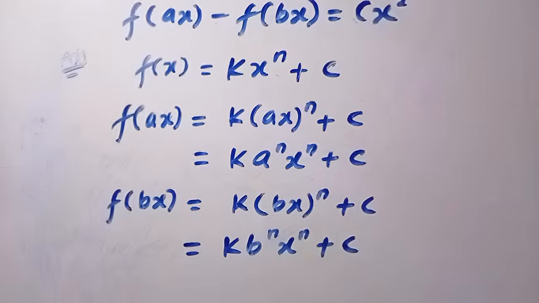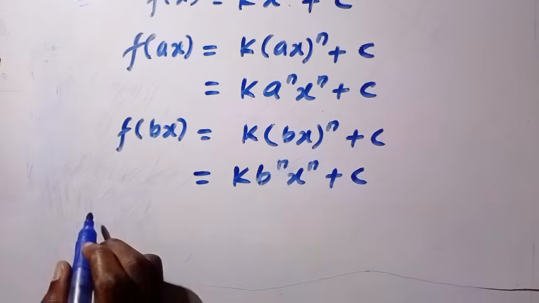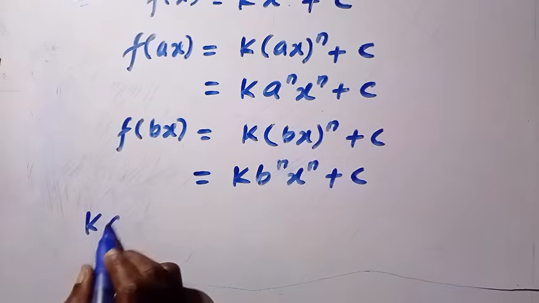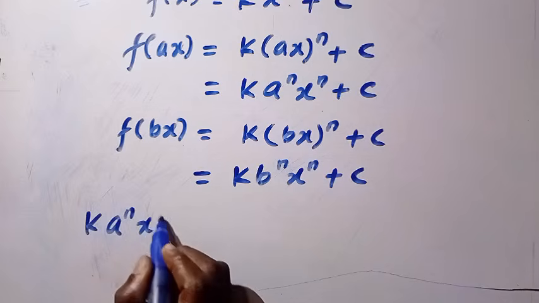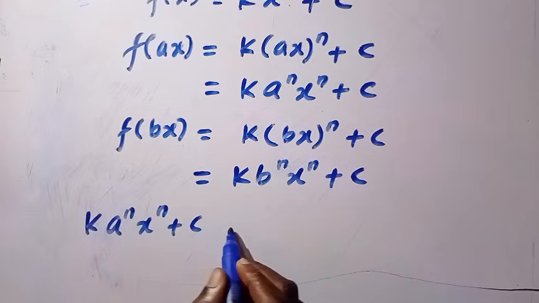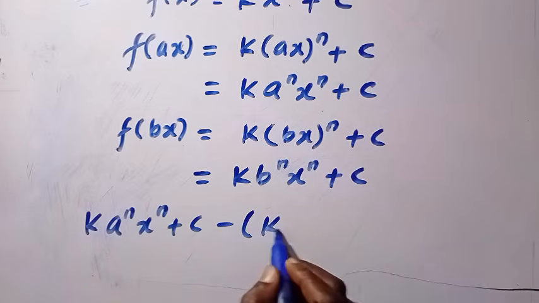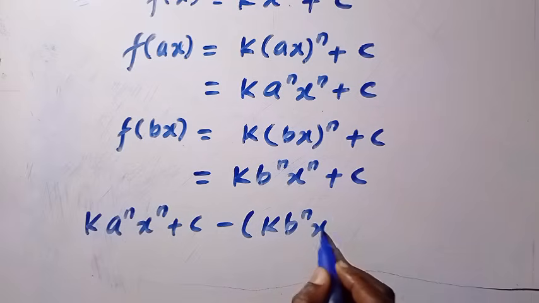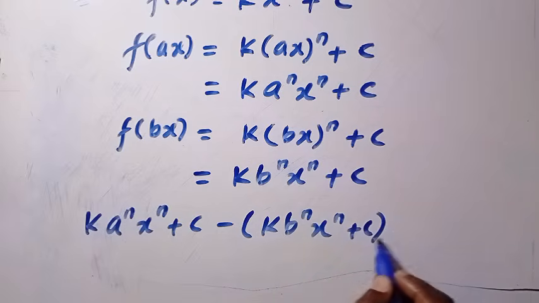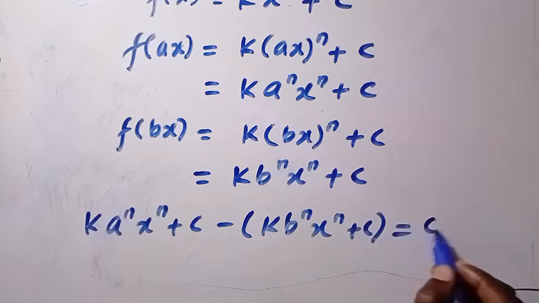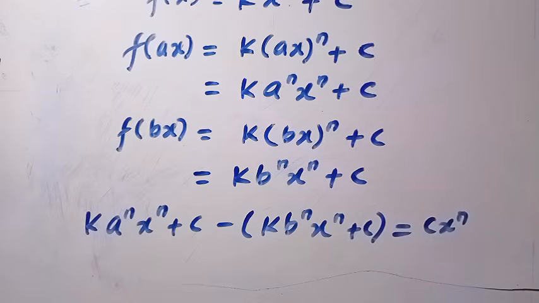If I subtract these from each other, we are going to have k a raised to the power n x raised to the power n plus c, minus open bracket k b raised to the power n x raised to the power n plus c, equals cx raised to the power of n.